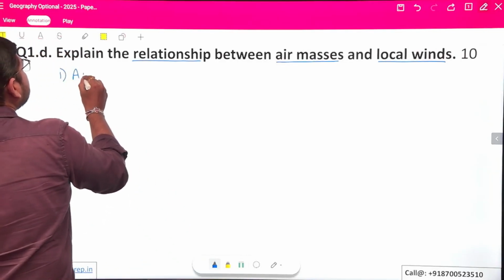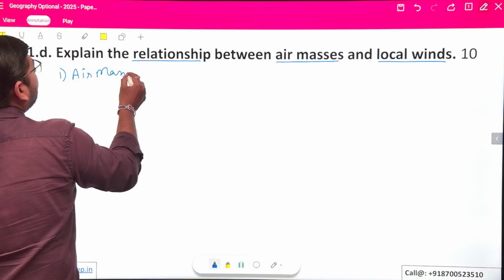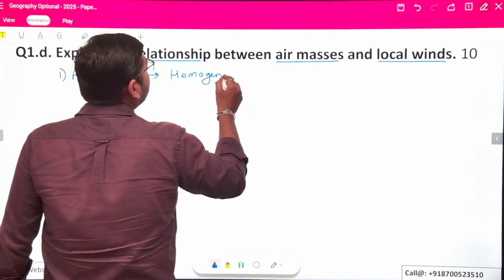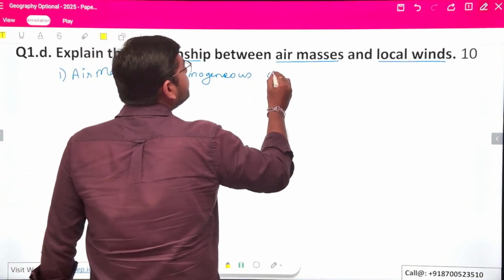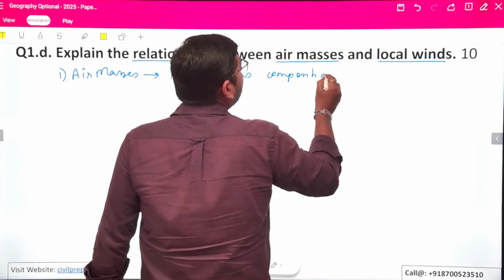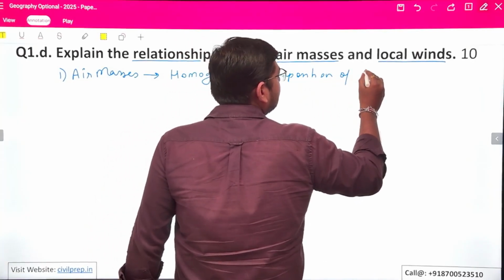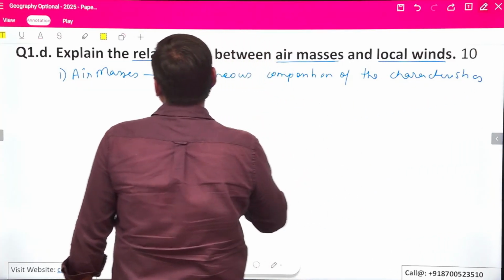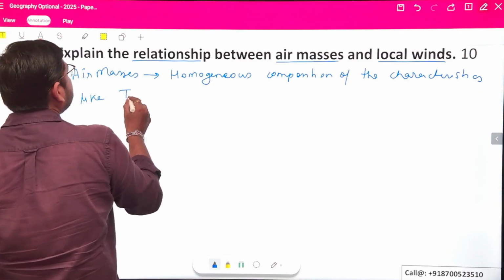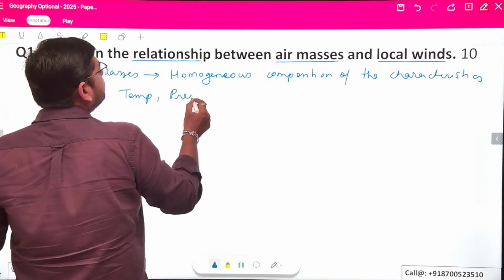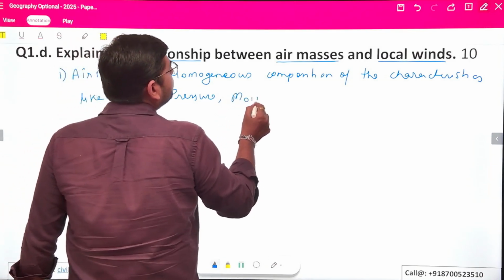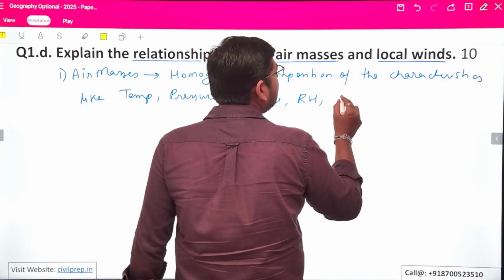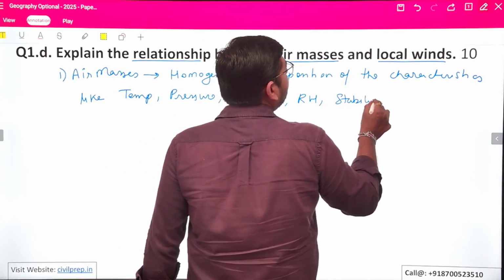So number one, air masses. They are the homogeneous composition of characteristics like temperature, pressure, moisture, relative humidity, and we can also see here the stability or instability.